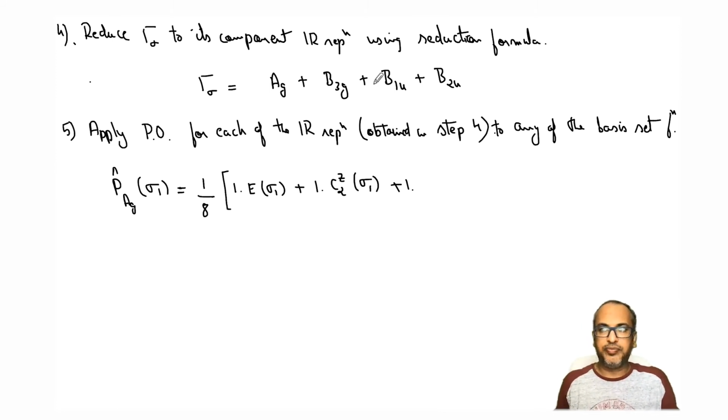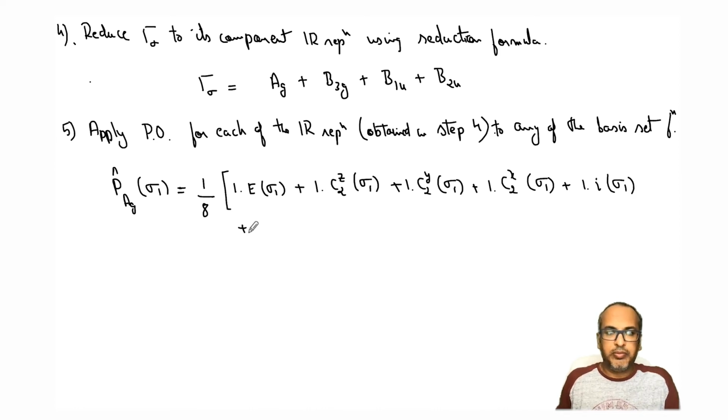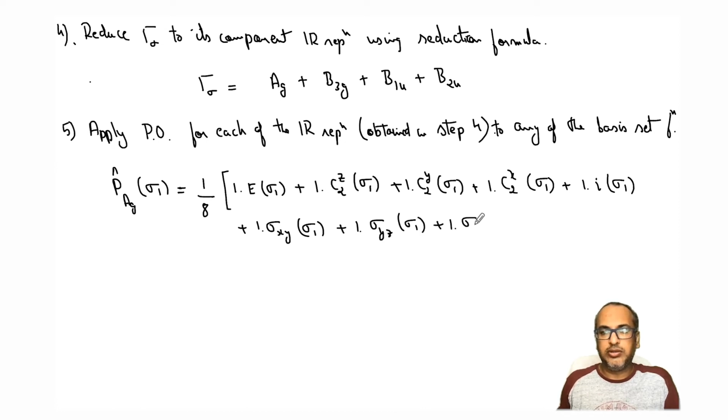But for other irreducible representations, you will have to look at the character table. Plus 1 into C2Y applied on sigma 1, plus 1 into C2X applied on sigma 1, plus 1 into I applied on sigma 1, plus 1 into sigma xy applied on sigma 1, plus 1 into sigma yz applied on sigma 1, and so on. Sigma zx applied on sigma 1.